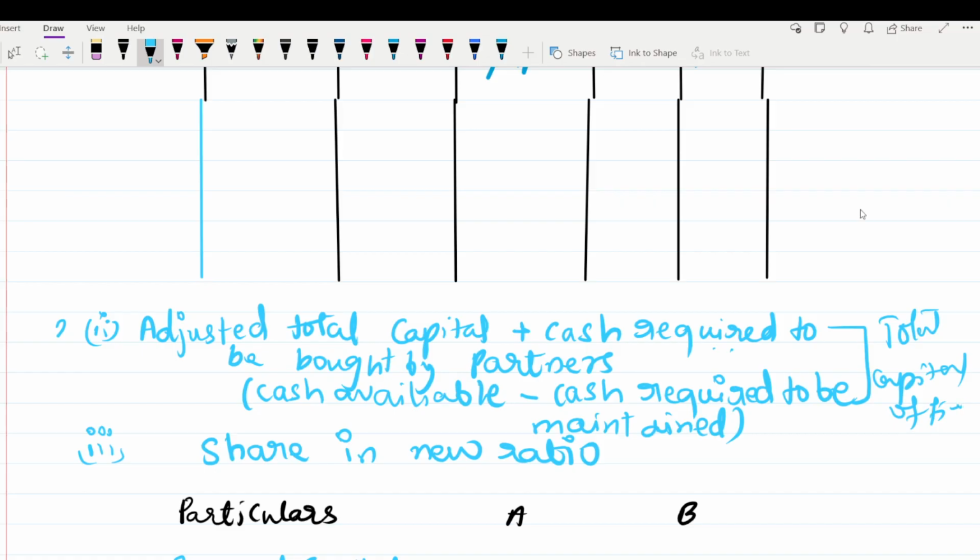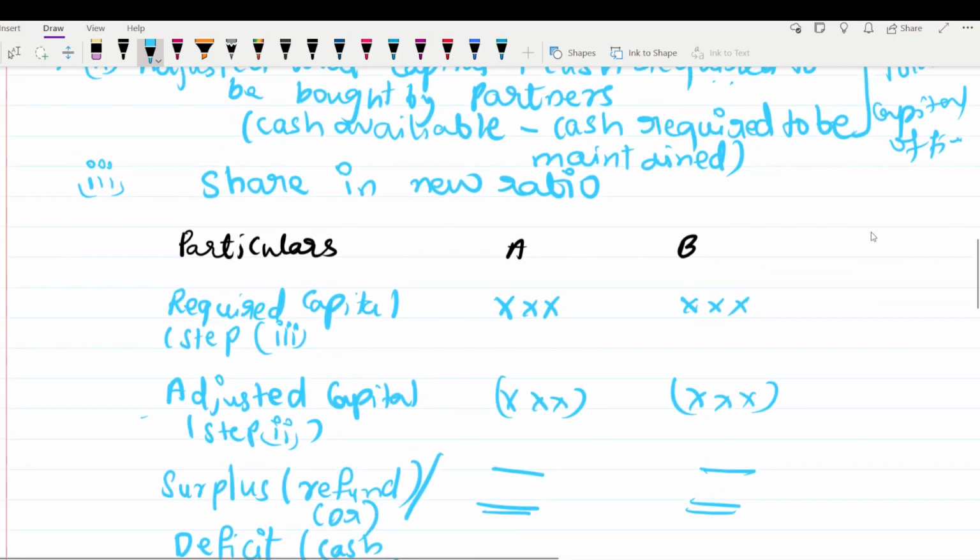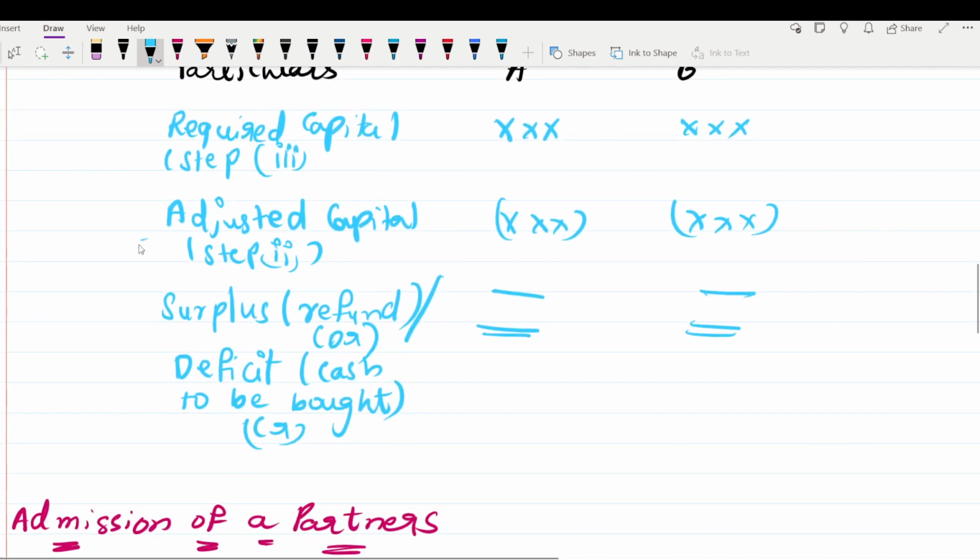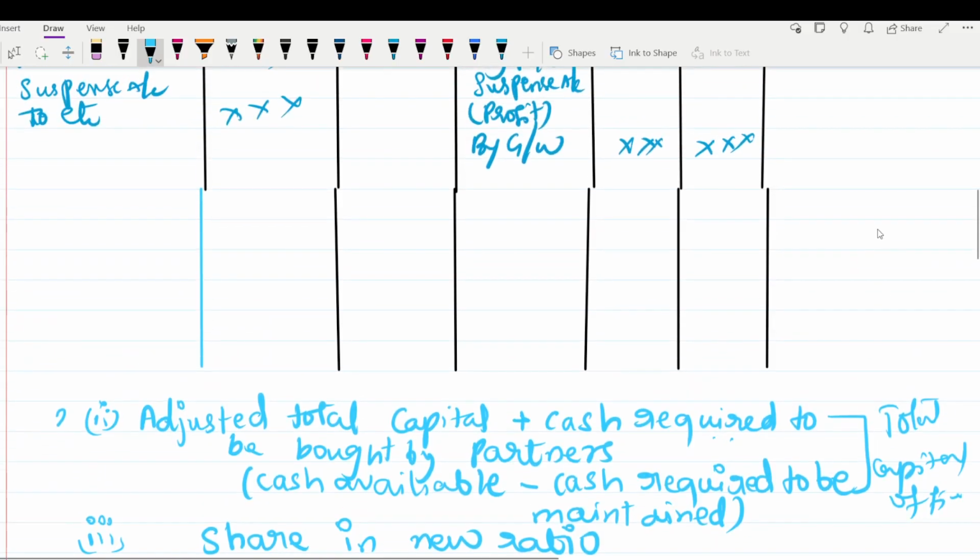Now what you will do, the total capital of the firm you will distribute in the new ratio. Then you will make this chart where the required capital means the balance carried on, which you have to write here. Take a space over here, you need to write 'to balance carried on'.